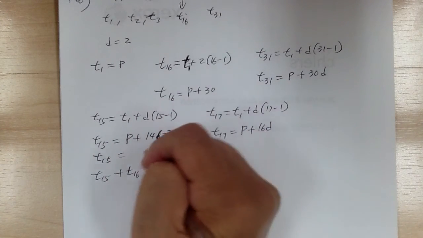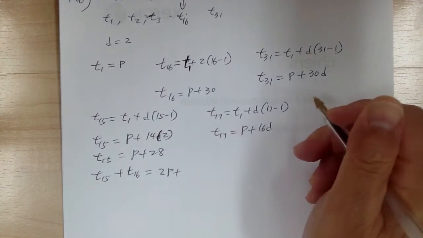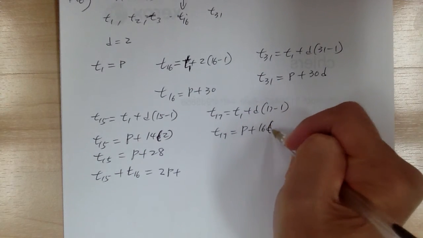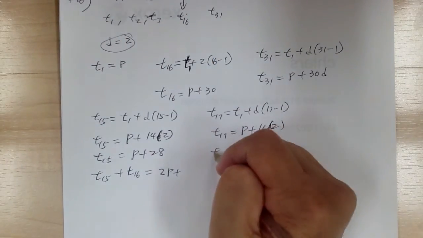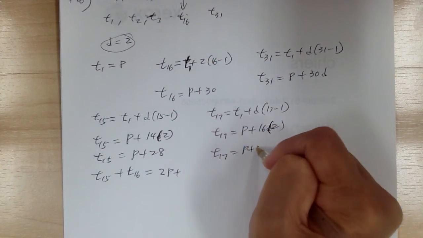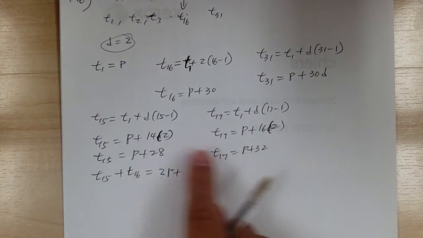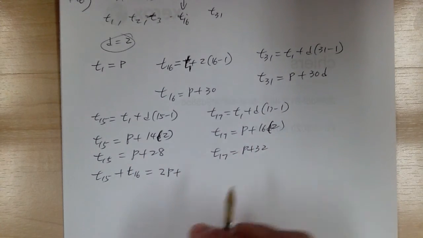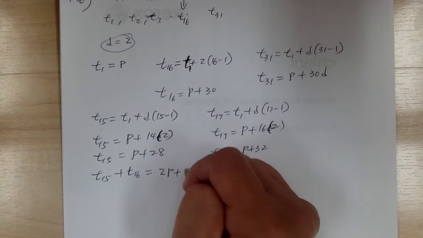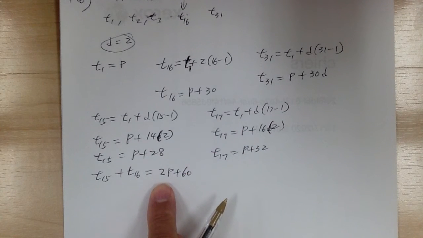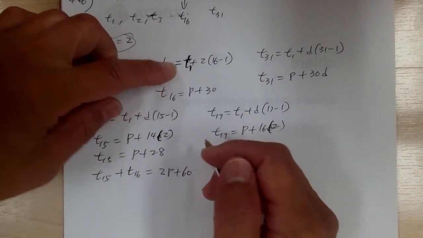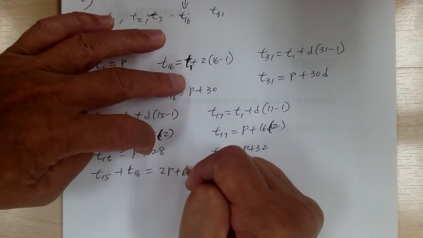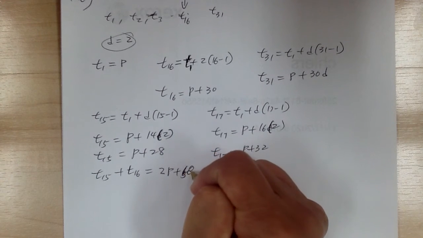So T15 equals P plus 28. And again, D equals 2, so let's substitute the 2 in here. T17 equals P plus 32. So when you add these two together, we get 2P plus 60. Okay, 58. Sorry about that. Okay, so 58.